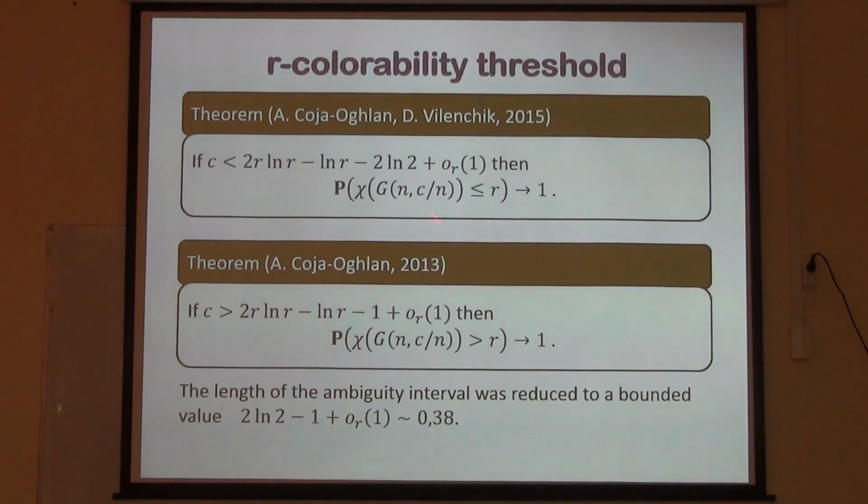We know that it is r or r plus 1, but with what probability it is r or r plus 1 is unclear. So the unknown interval now has a boundary value 2 log 2 minus 1, roughly 0.338. So this is for graphs.